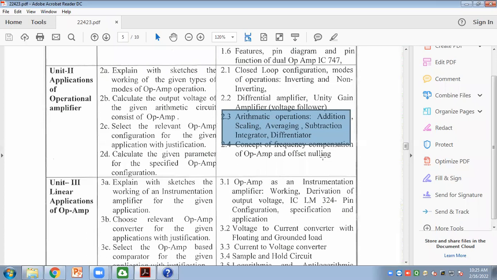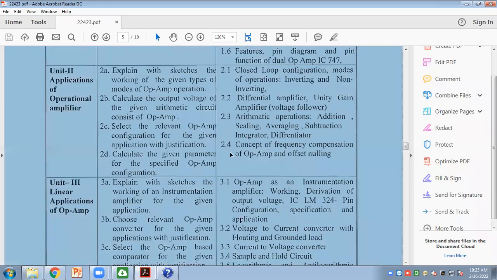We have to design the circuit in such a way that it will provide a gain of 5. There is a formula for gain: 1 plus Rf by R1, where Rf and R1 are resistances. Set the values of the resistances so that the output gain will be decided and you derive the particular output using the IC 741.